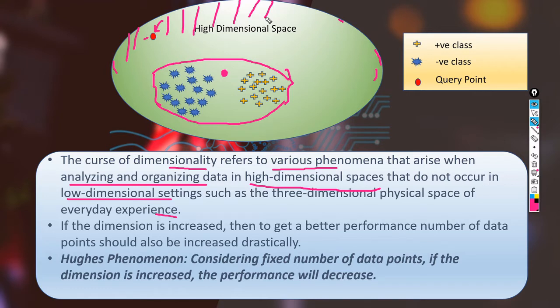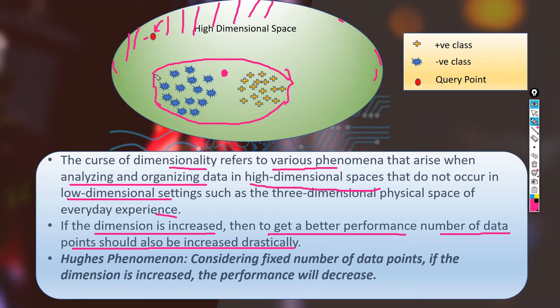The thing is that if the dimension is increased, then to get better performance, the number of data points should also be increased drastically. Say this is the scenario we were discussing.